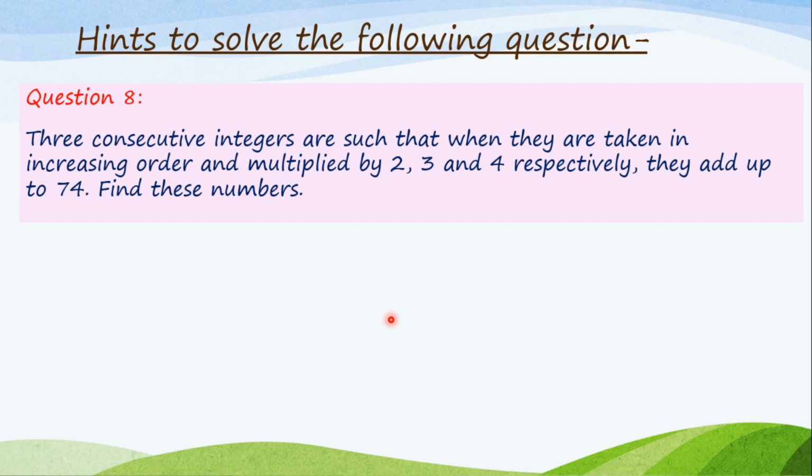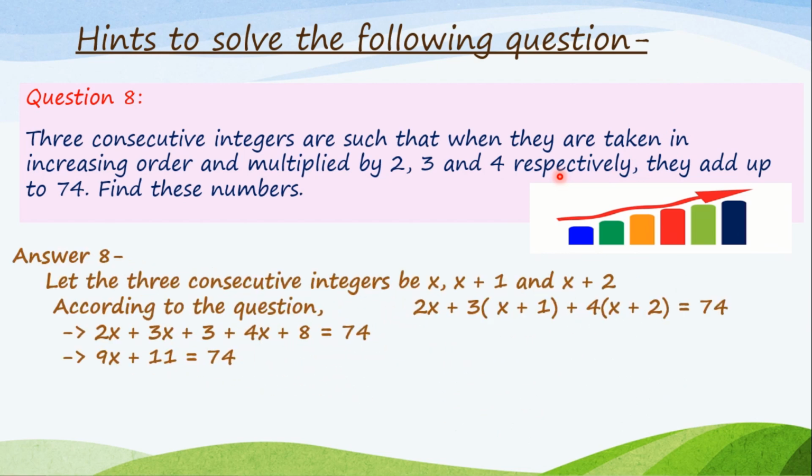Then increasing order. अभी बोला वो increasing order था. Then you will multiply the first by 2, second by 3 and third by 4 because it is respectively. So, try to frame the equation. You will take first integer as x.